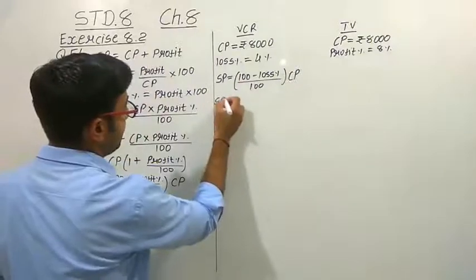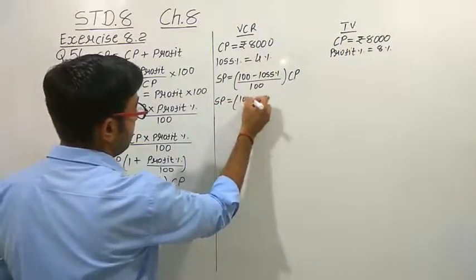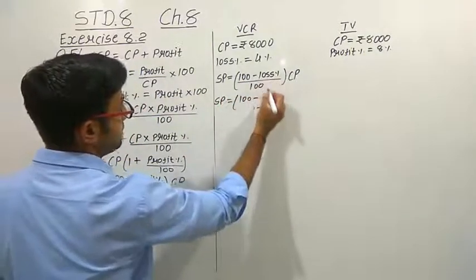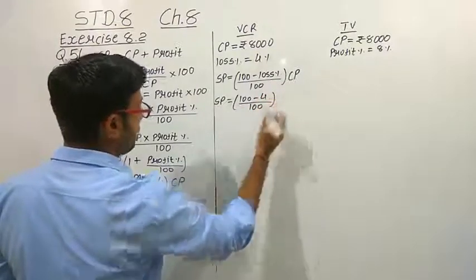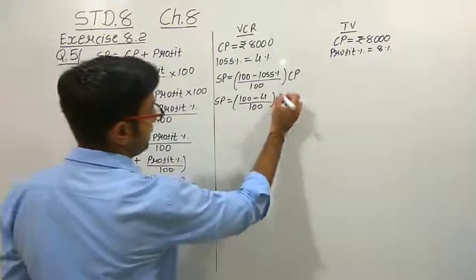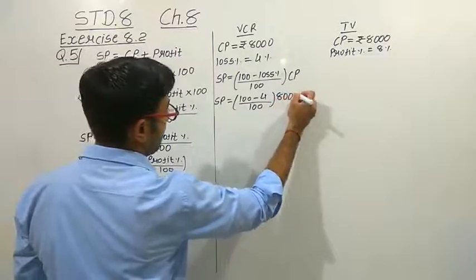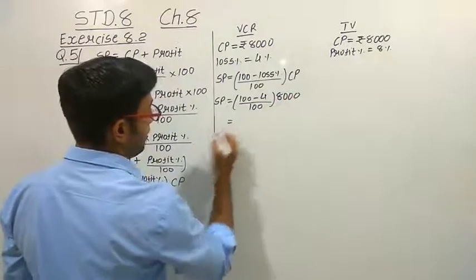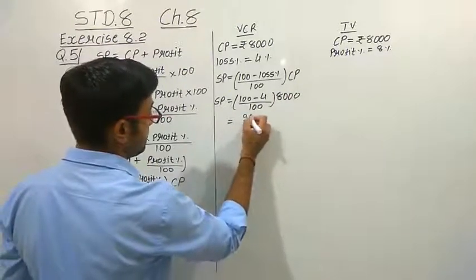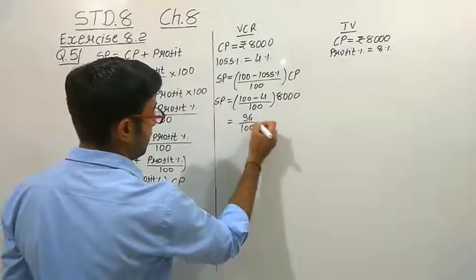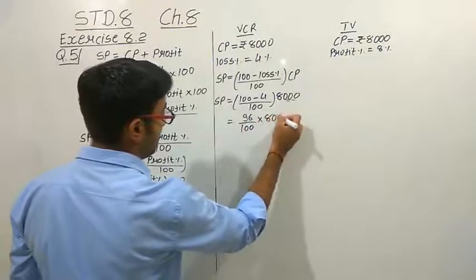So we can find out the SP as 100 minus, see, loss percentage is 4. So put 4 here upon 100 into cost price. Cost price is 8,000. Okay. So now 100 minus 4, that is 96 upon 100 into 8,000.